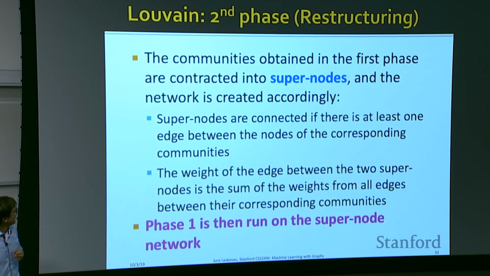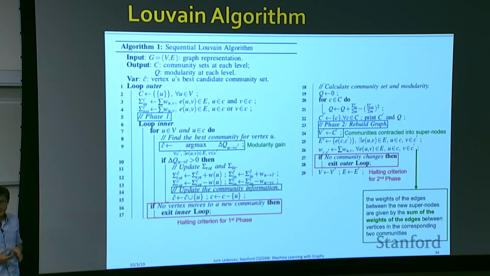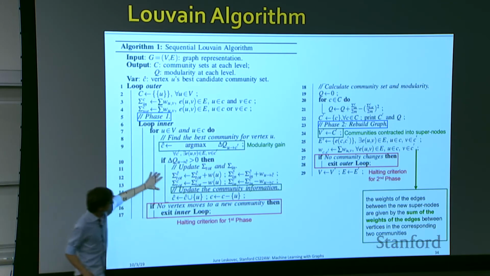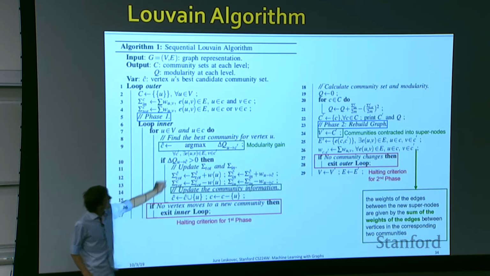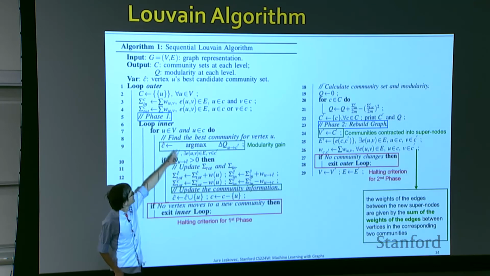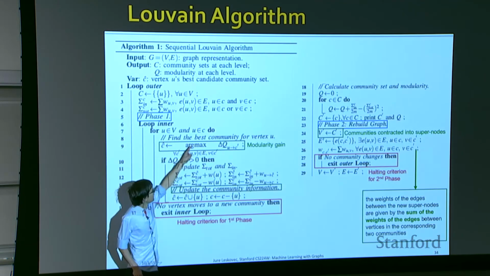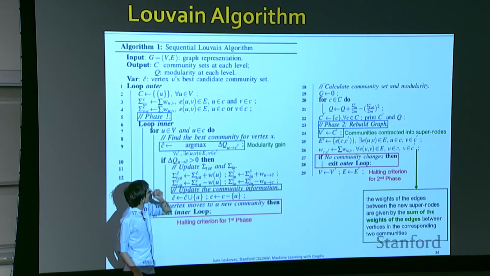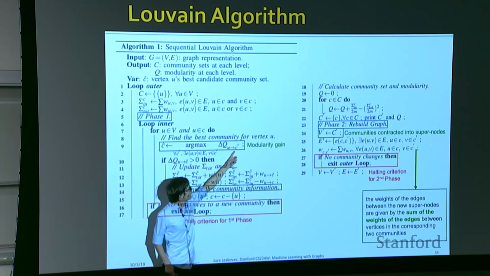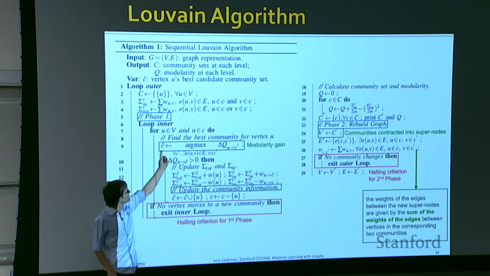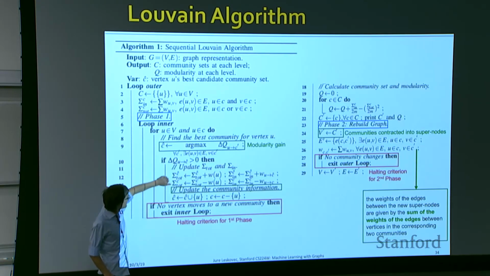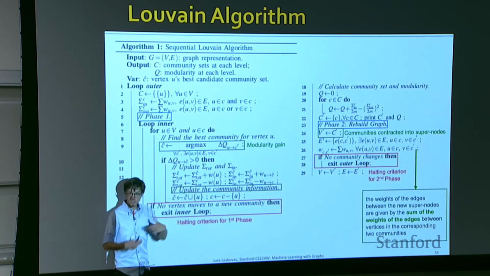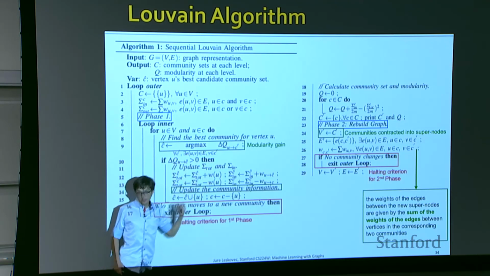Okay? To be more precise, I have the pseudocode for the algorithm, where this is phase one and that is phase two. Essentially in phase one, for every node, I ask what is the best way to move node U into some community C. I ask what is the best community to move it to across its neighbors, and then if that's the case, I update these summations so that my modularity computation can be done very fast.